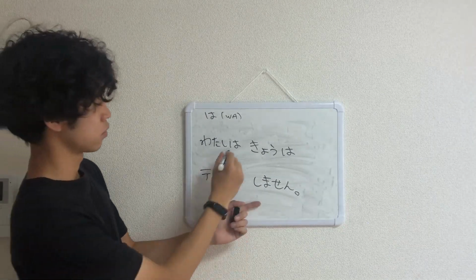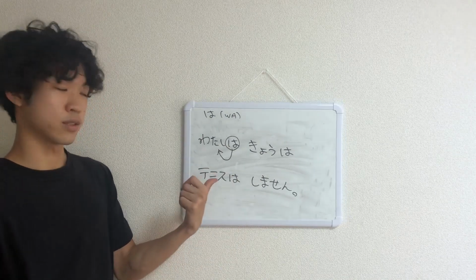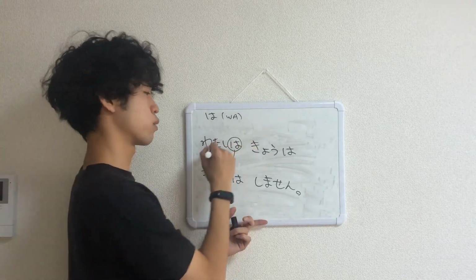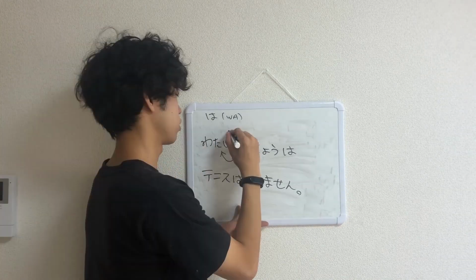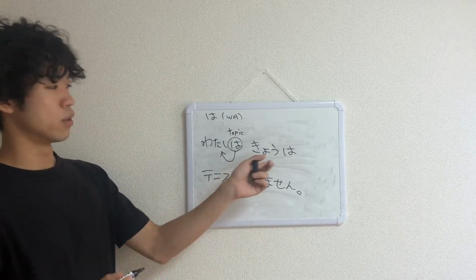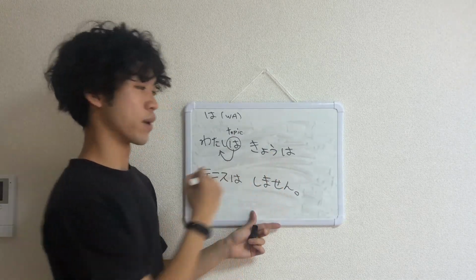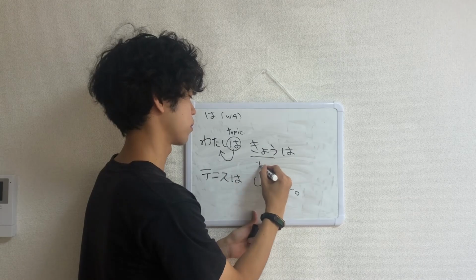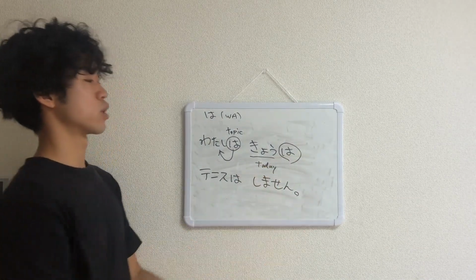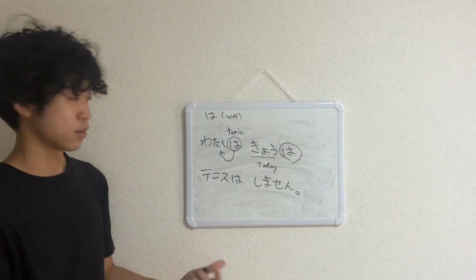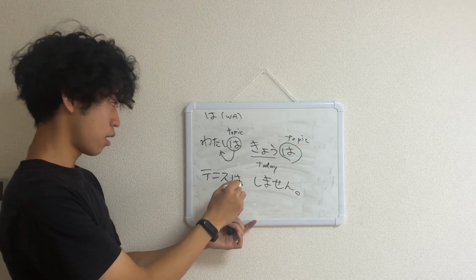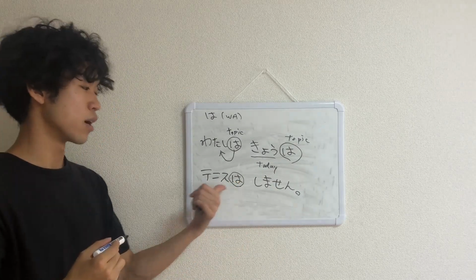Alright. Is this contrastive? No. As for me, so topic. How about this one? 今日 is today, by the way. Is this contrastive? No. As for today, so topic.